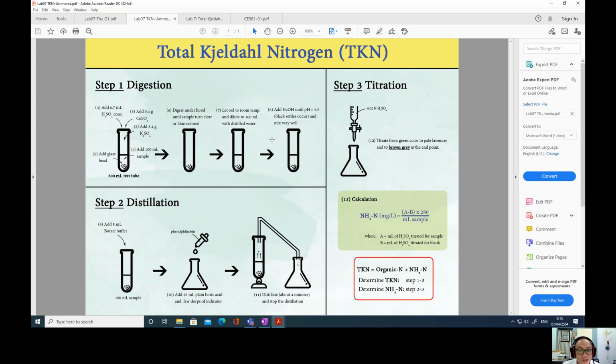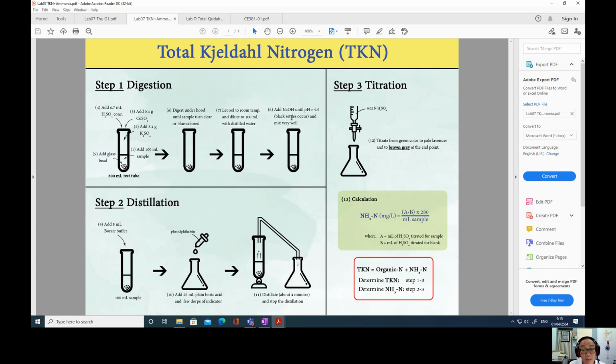After that, we add a certain amount of sodium hydroxide to bring the pH to be greater than 9.5. And then do the distillation, to distill the ammonia. And at the end, we have to do the titration against 0.02 N sulfuric acid.